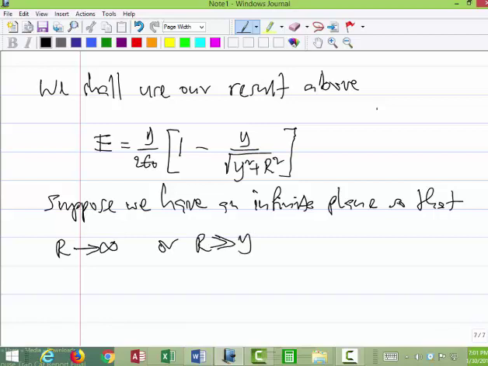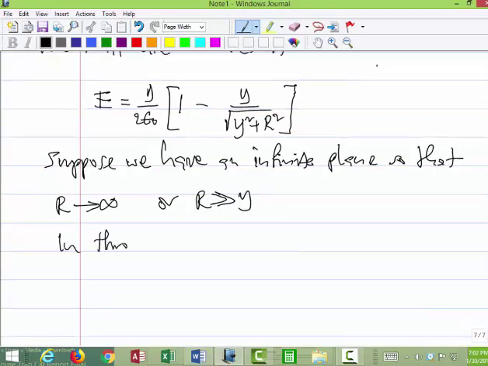This is the opposite of what we just did where Y was greater than R. In this case, y over the square root of y squared plus R squared is going to approach 0 because R is much larger than everything in there.